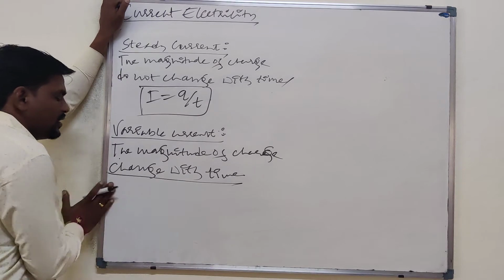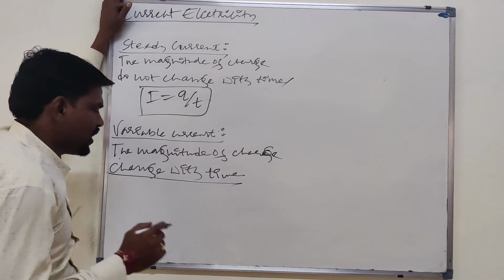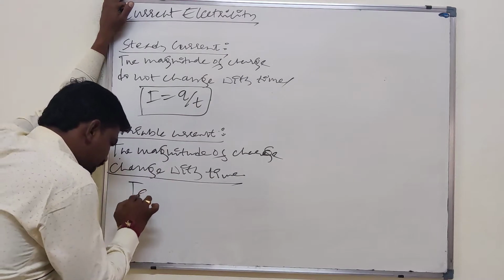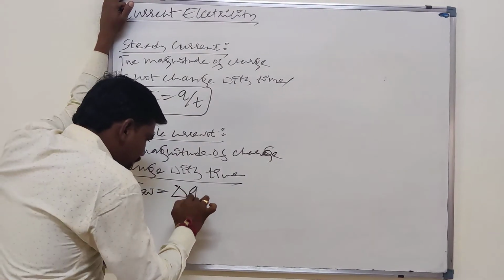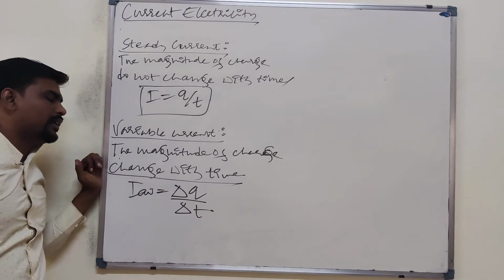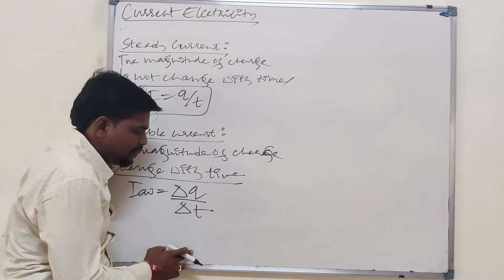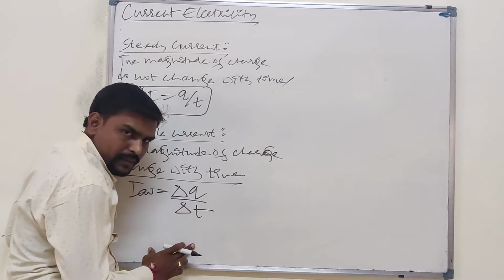So here this variable current is written as, first we write average current. Average current is written as del q divided by del t. Del q is the change in charge over the time taken, q2 minus q1, right?